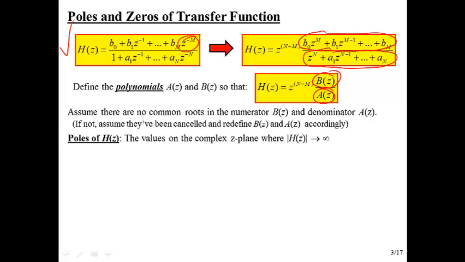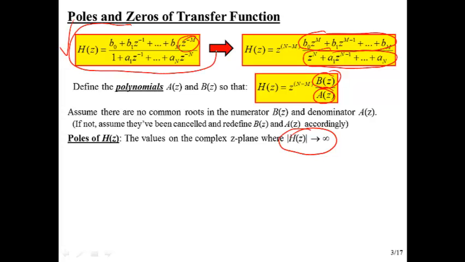So now we define the concept of poles of h of z. Back when we were doing the residue, we were referring to roots of the denominator as poles, and this is why. The poles of h of z technically are defined as the values of the z variable on the complex z plane that make the magnitude of h of z go to infinity.